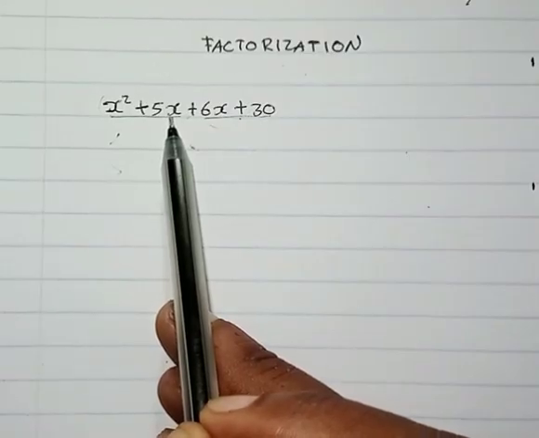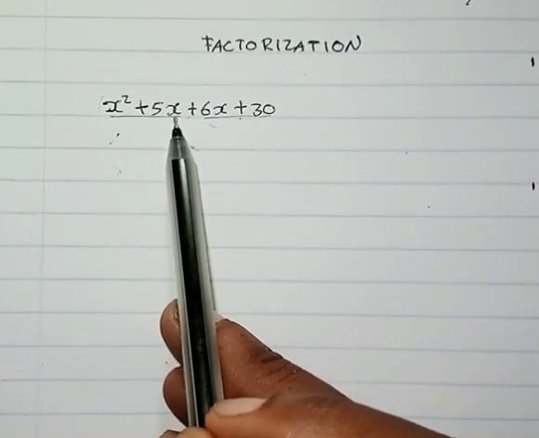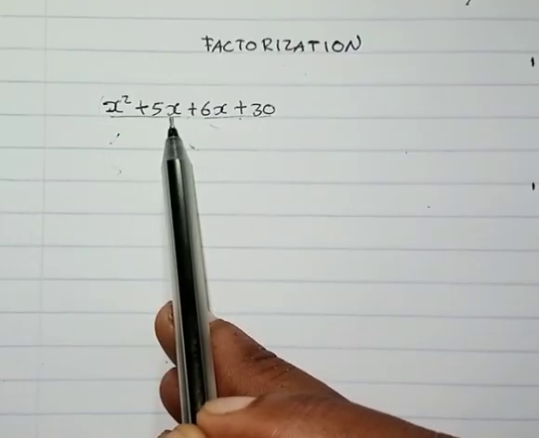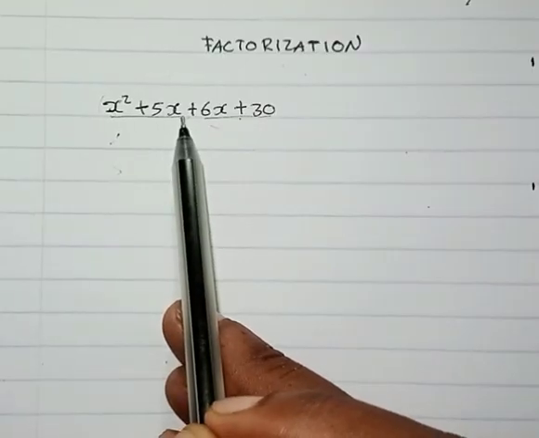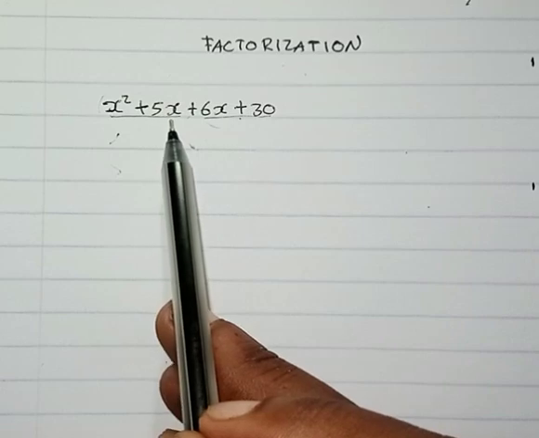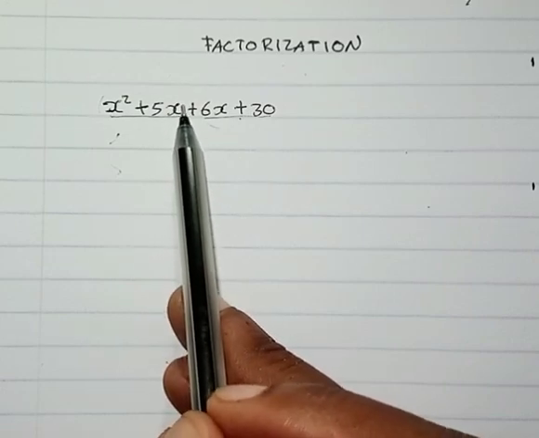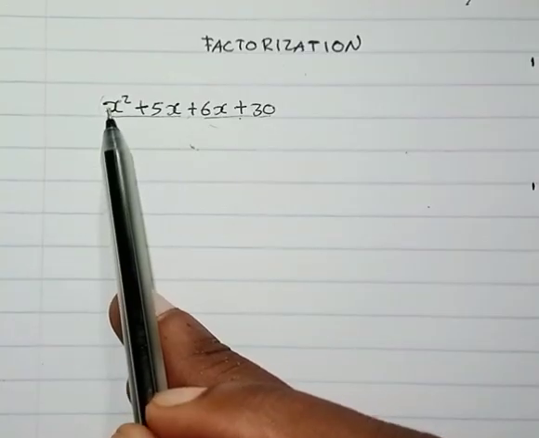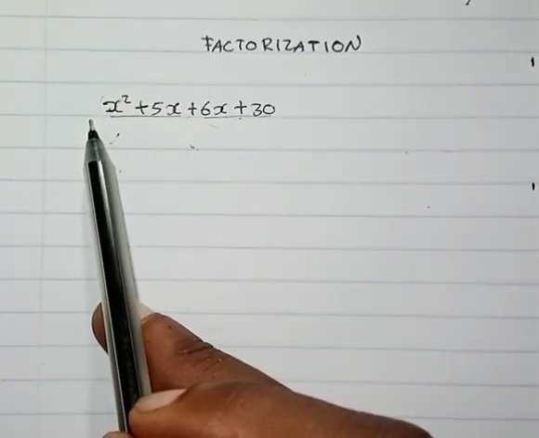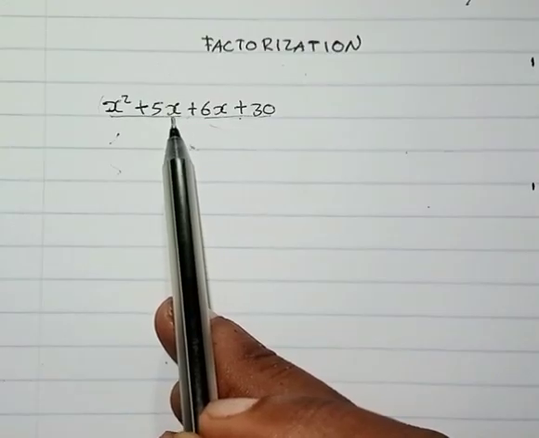When you are applying factorization, you get a letter which has the smaller power. So between x squared and this x, which one are we going to factorize? It is this x. That's the one we're going to get because it has a small power. This one has a big power, so we cannot put it out. So the x which is common is this one.